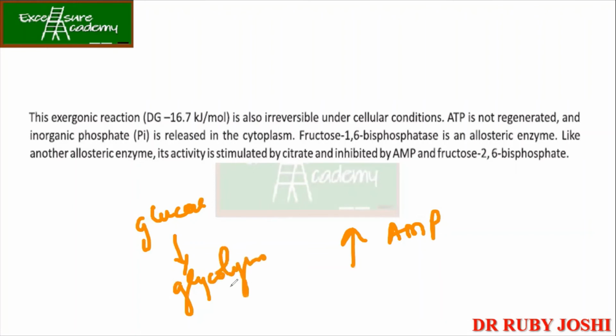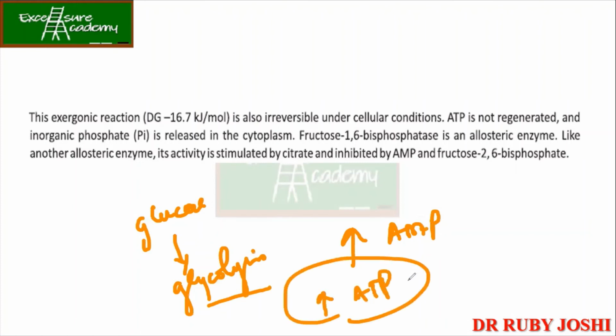Yes, guys. Ma'am, we will undergo glycolysis. Yes, because we need ATP, right? So अगर आपके पास AMP है तो मतलब मुझे ATP चाहिए, तो मैं तब ग्लूकोज नहीं बनाऊंगी, तब मैं ग्लूकोज यूज करूंगी because I need energy. And same way with fructose 2,6 bisphosphate. So from here you will understand कि अब fructose 1,6 bisphosphatase को कौन एक्टिवेट करेगा? सिट्रेट एक्टिवेट करेगा और AMP उसको इनहिबिट करेगा. ठीक है?